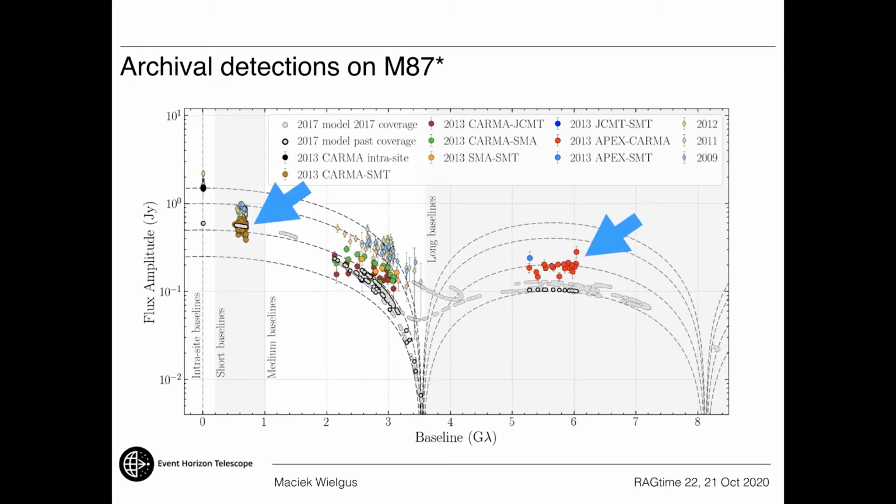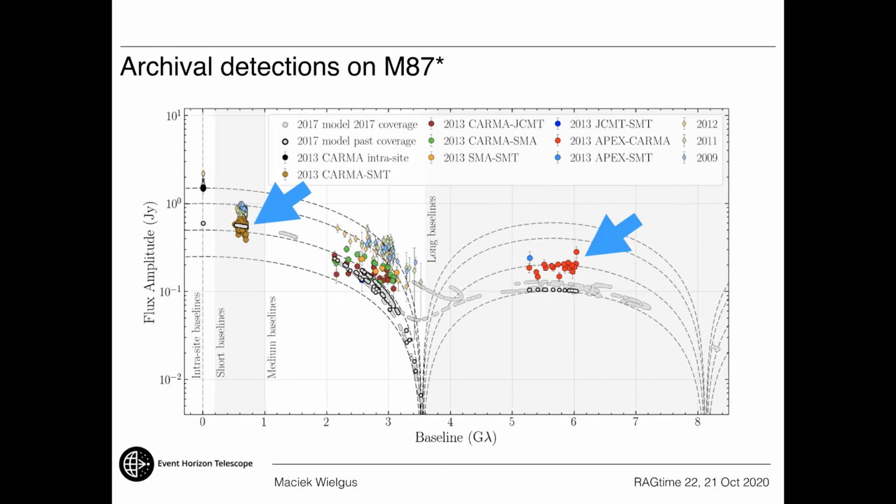First of all, if you compare what you would expect based on 2017 data, if you go back to the past, you can see that for short baselines, the left arrow, you have an agreement between 2013 and what you would get with the 2017 model. So the gray points with envelope are around the same amplitude as the SMT measurements from 2013.